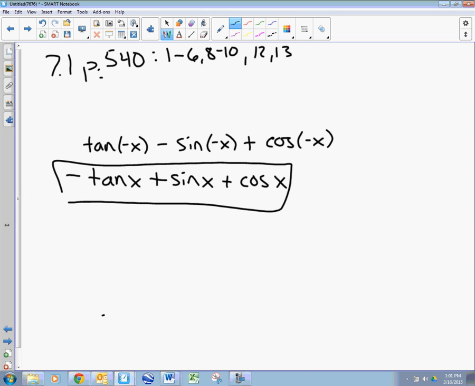If you have questions why it just goes away, I can show you that, but we can prove these using some different formulas. But it has to do with even and odd functions, which is something we covered earlier. Tangent and sine change value. Cosine, you just get rid of the negative. Same like secant. Secant's the reciprocal of cosine, it would be the same thing.